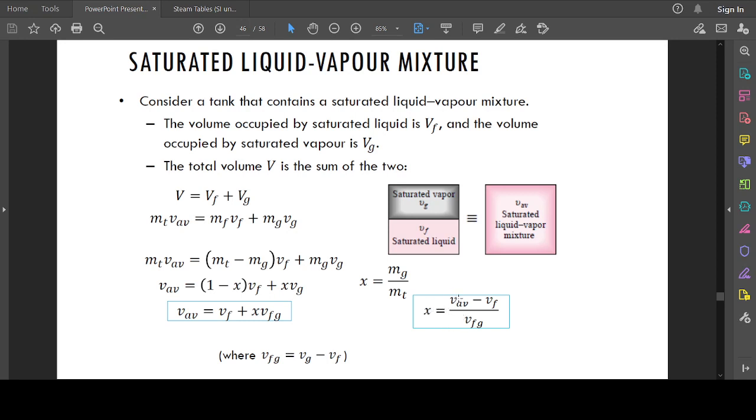We can also extend this to the enthalpy and other physical properties that have corresponding values for the given saturated temperature and pressure, or even superheated temperature. All of those physical properties available in the steam table can be used to calculate the quality of the system.